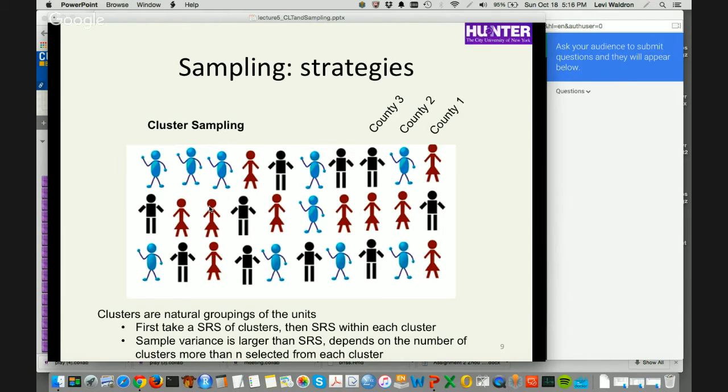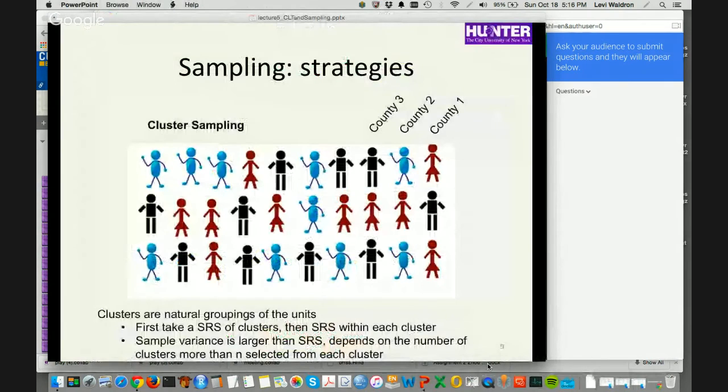Cluster sampling is something that we won't get into in this class, but it's an important strategy in public health studies where there are some natural groupings of the units, and it would be very difficult to sample at an individual level. A classic example of this is if we wanted to study an intervention that was done on schools, for example, removing soda machines to see how much of an impact that had on soda consumption of students.